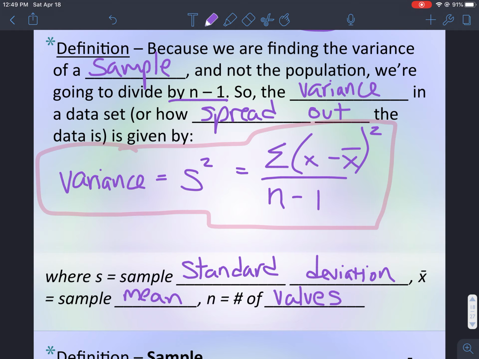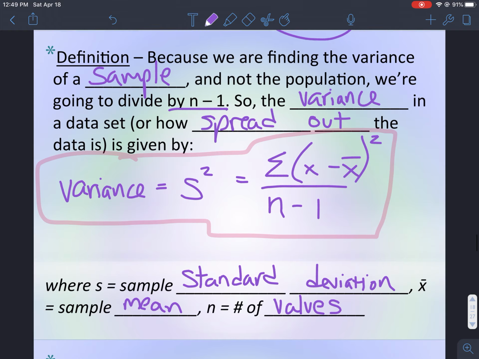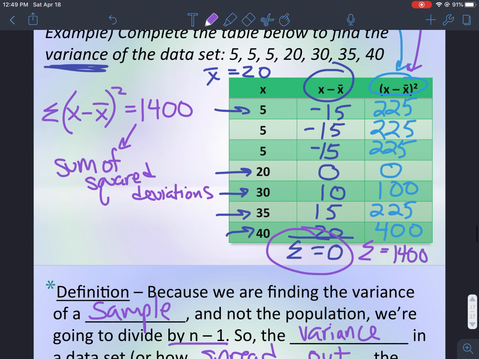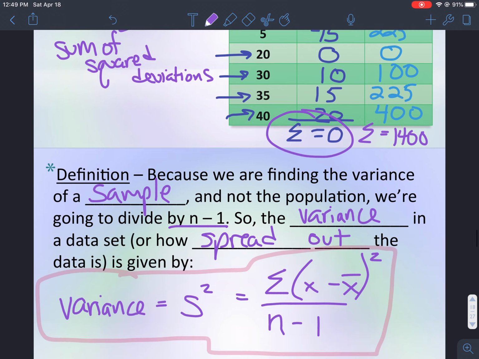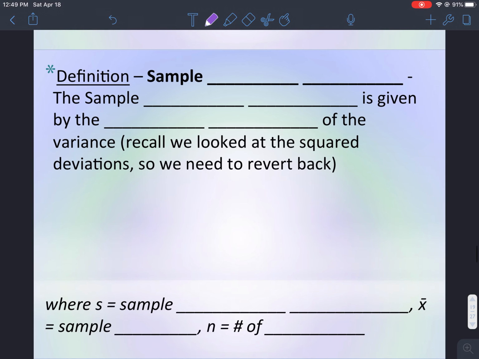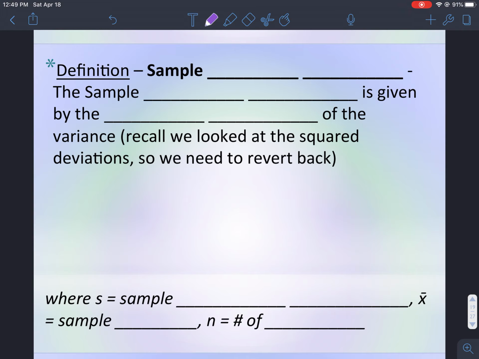We can take it one step further. It also might not make a whole lot of sense to look at the squares. So the way we can turn something from a square back to a regular number would be to square root both sides. That brings us to the sample standard deviation, a very important parameter in statistics.